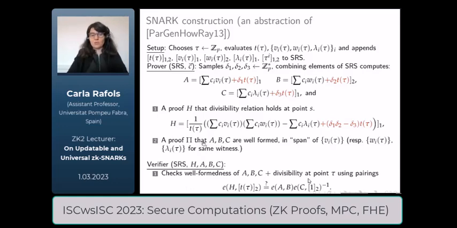Well, you first have to verify that these things are well formed, and then the key point is that you can check this divisibility relation by checking that this quotient times the vanishing polynomial evaluated minus C. Okay, so essentially with the pairing I can check this divisibility relation.